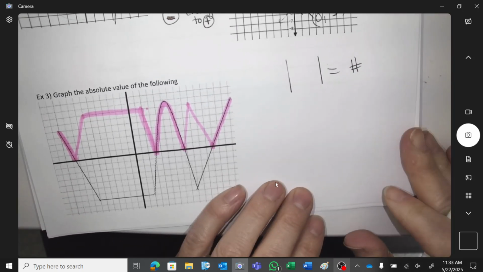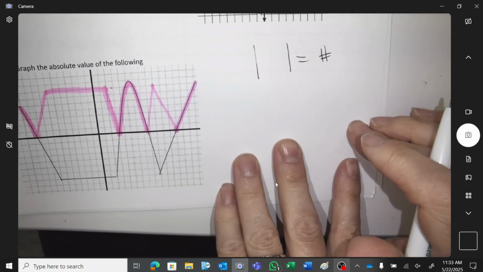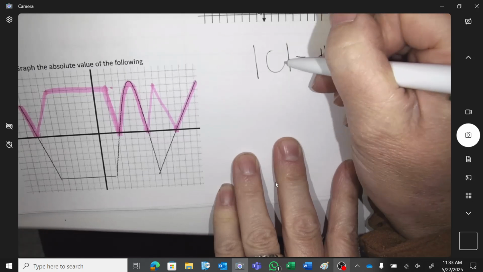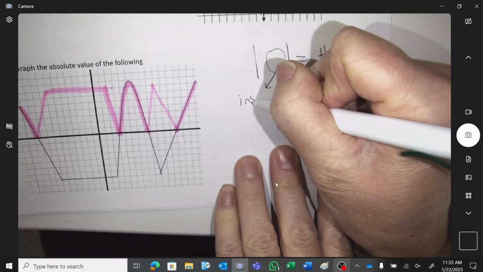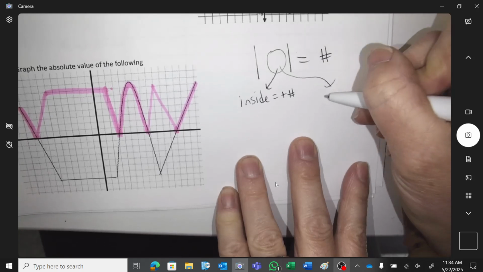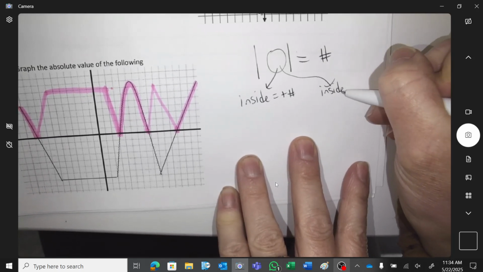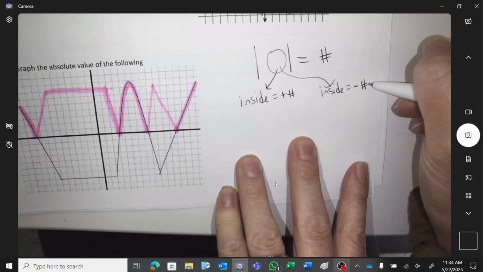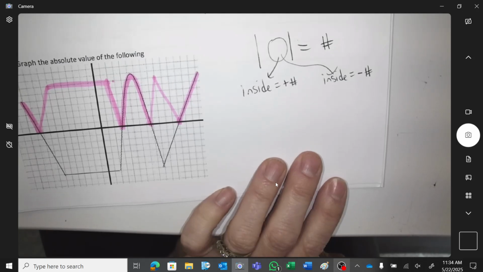Okay, so to recap, equation solving, when you're absoluting, you can say the inside equals the positive option or the inside equals the negative option.